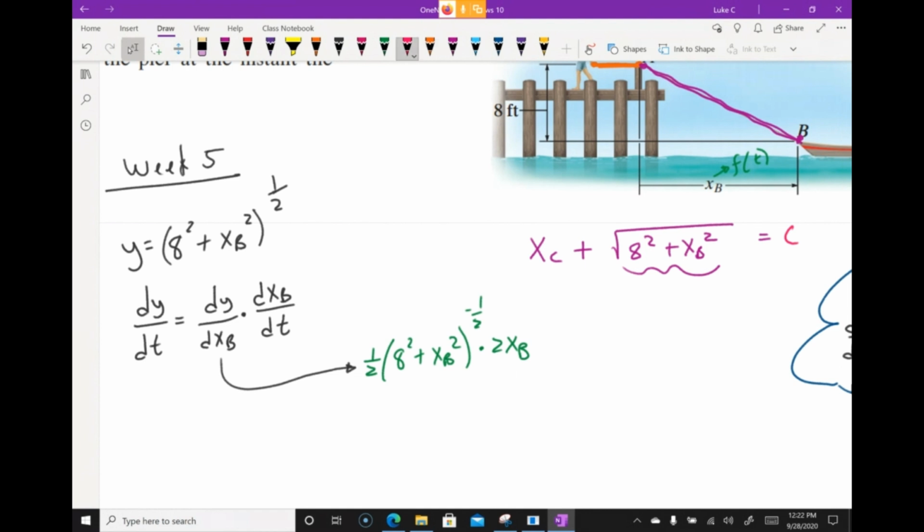And the derivative dxb dt we can define as vb, because that's just position over time taking the derivative. So dy dt equals, the 1/2 and the 2 cancel, so you get 8 squared plus xb squared to the minus 1/2 times xb times vb.